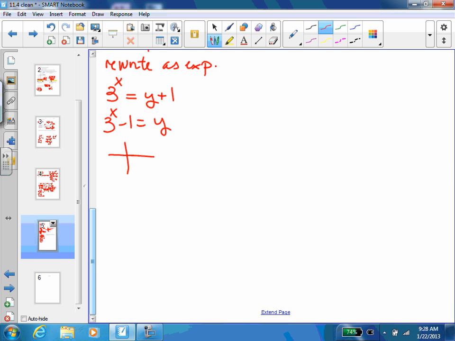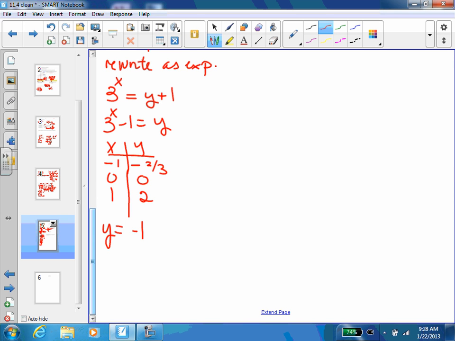Okay. So -1, 0, and 1. And so at -1, I'm going to get -2/3. At 0, I'm going to get, and at 1, I get. And we need to always identify the asymptote. The asymptote is at y equals what? -1.